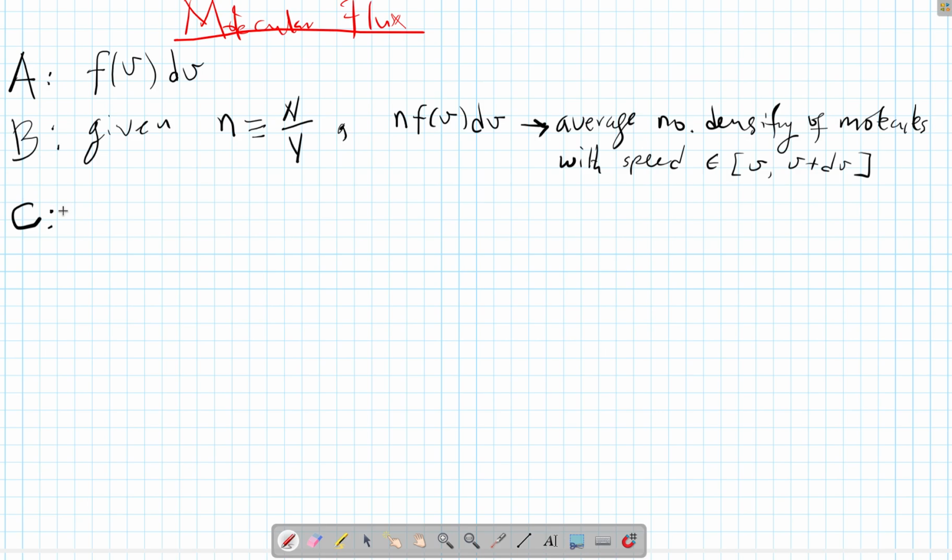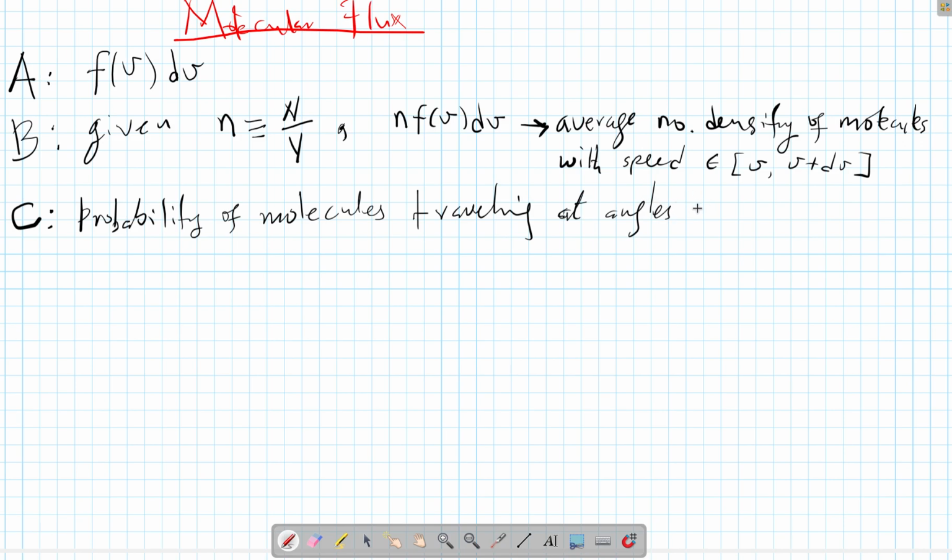For C, the target is to compute an expression to represent the probability of molecules traveling at angles between theta and theta plus d theta.